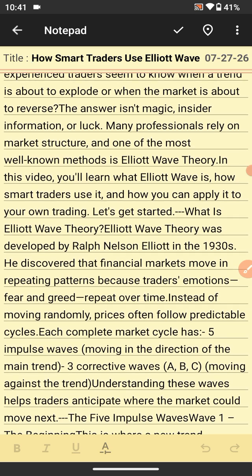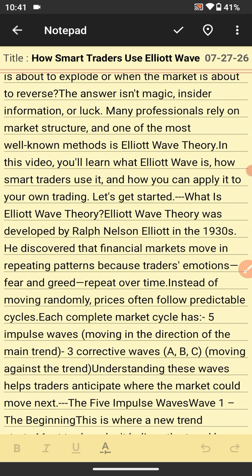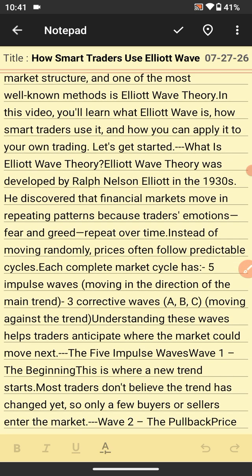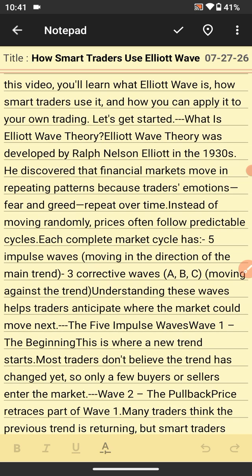So, what is Elliott wave theory? Elliott wave theory was developed by Ralph Nelson Elliott in the 1930s. He discovered that financial markets move in repeating patterns because traders' emotions, fear and greed, repeat over time.